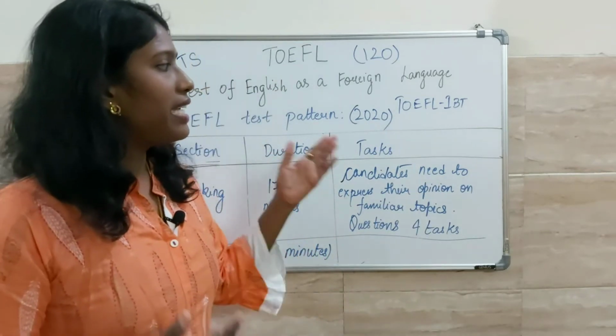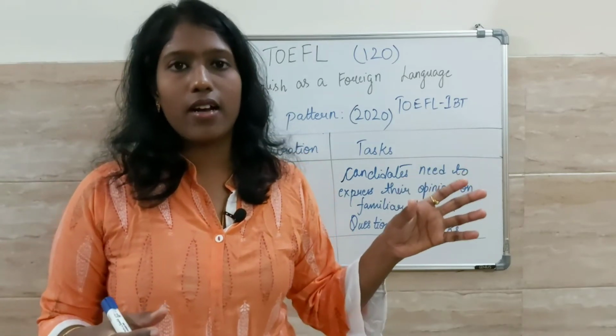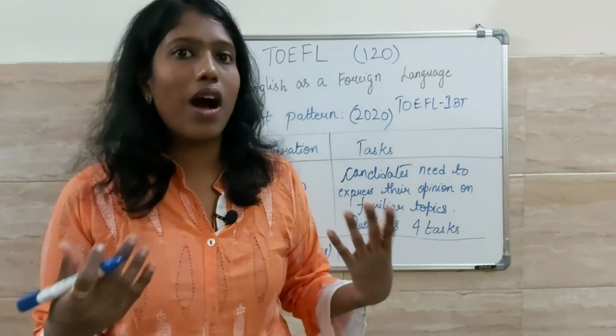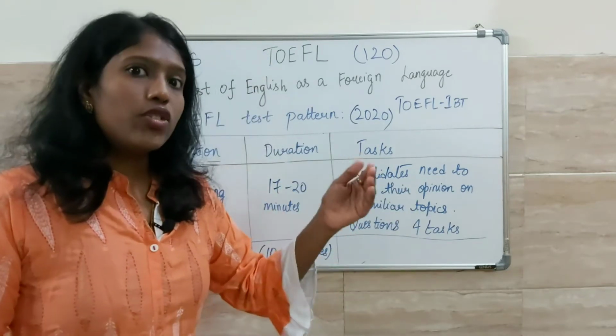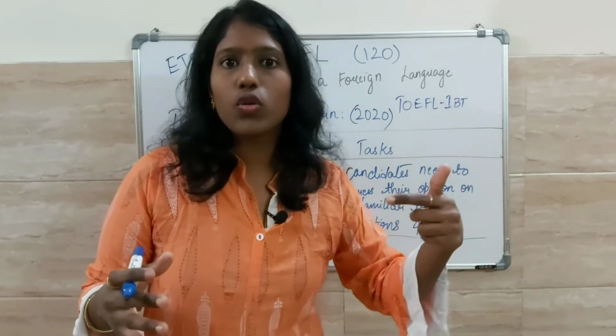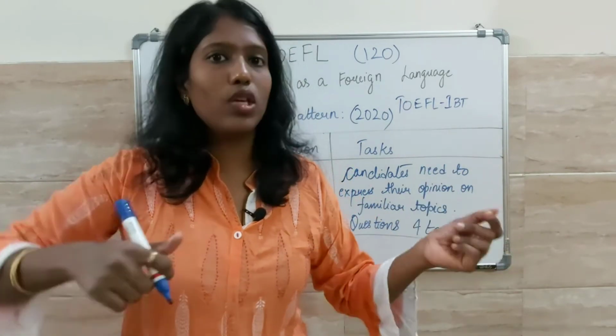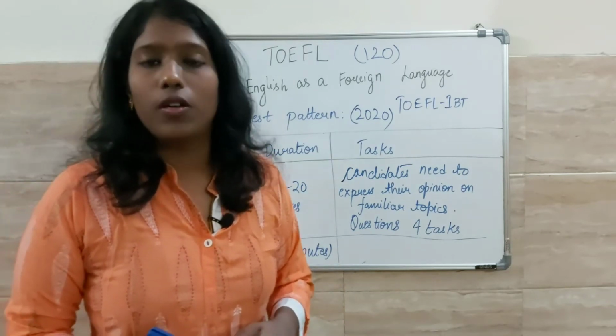Now what I mean by independent and integrated tasks: in the independent task you will get a question and you need to answer it straight to the question. In the integrated part, you will listen to an audio and then you have to read a text, and you should also answer the question.